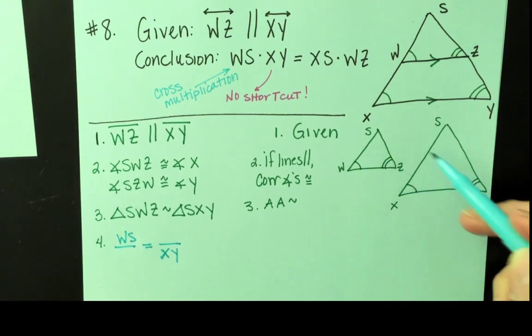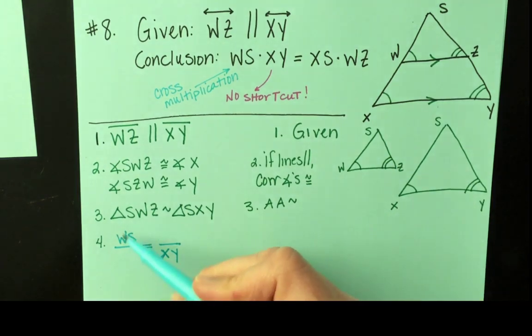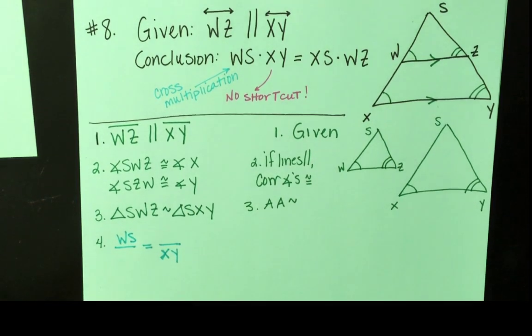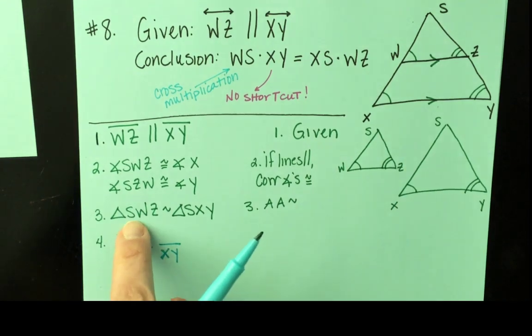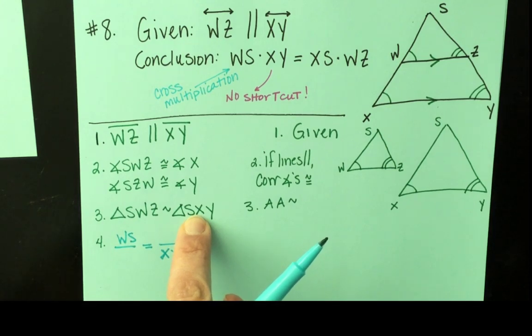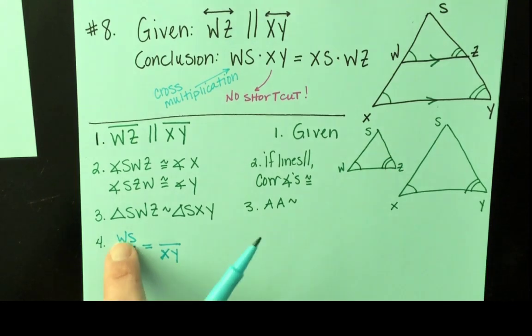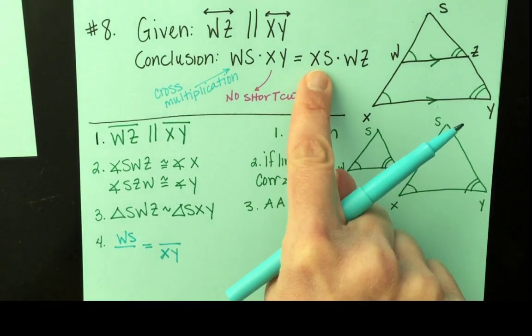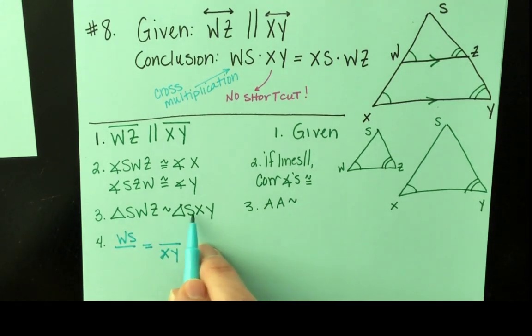So I could set it up where they were corresponding, and I can put them right above and below each other in our fraction, because they do correspond. And if I look here, WS and SX are first and the first two. So there's quite a few ways to know where I should put the SX and the WZ. Kind of makes sense. Here's the first two, here's the first two.